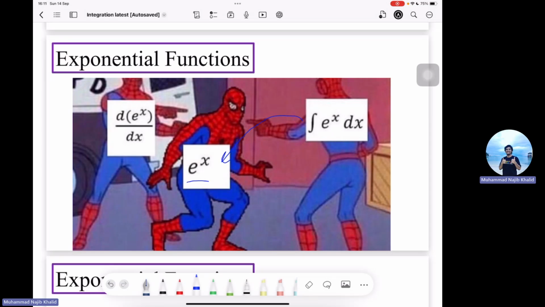If you can laugh, I will say with this meme, I can conclude that you understand how to integrate as well as differentiate the e function. Alright?